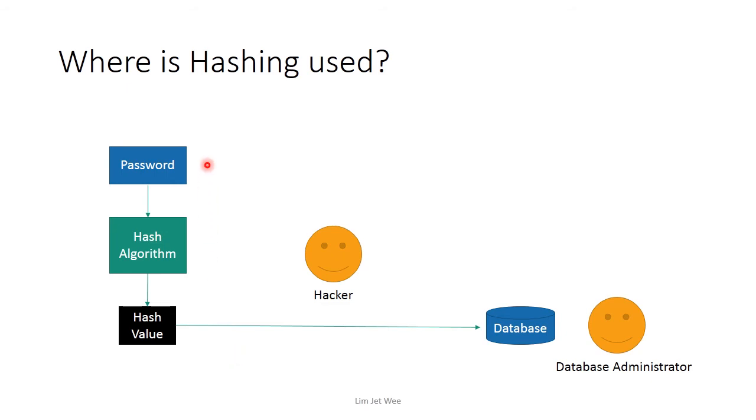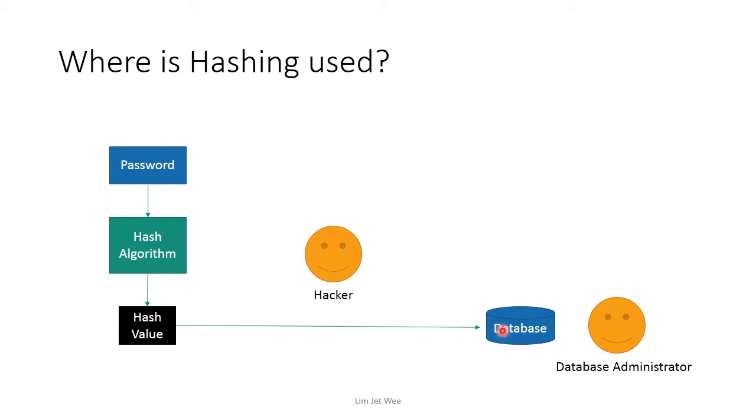Another area that commonly uses hashing is in dealing with your password. Imagine you are signing up for a new service. You are setting your password, but instead of having your password stored directly in the database, the password goes through a hash algorithm, and the hash value of your password is the one that is stored in the database.